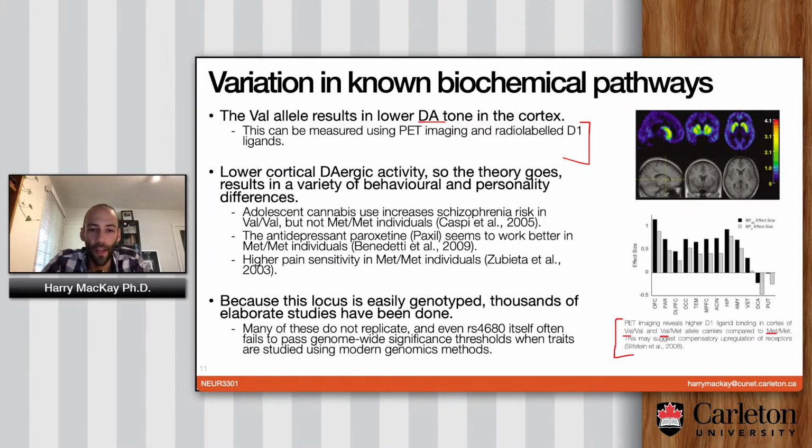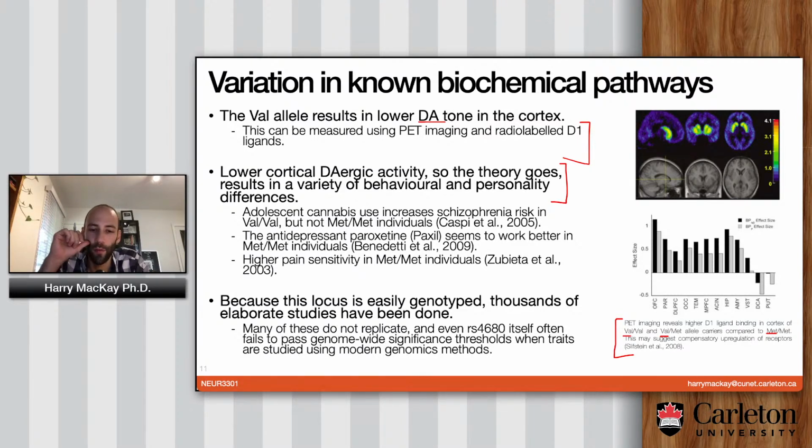And according to the theory, the less dopamine you've got floating around in your prefrontal cortex, you have a lot of different behavioral and personality changes. If you go to the databases, you can see countless studies that have been done using this particular genotype.